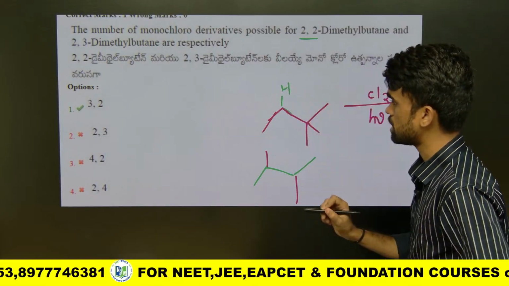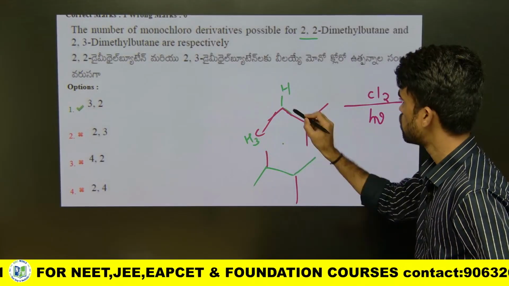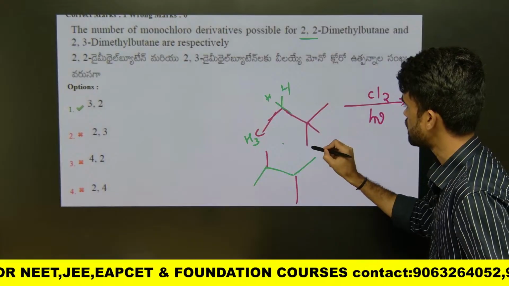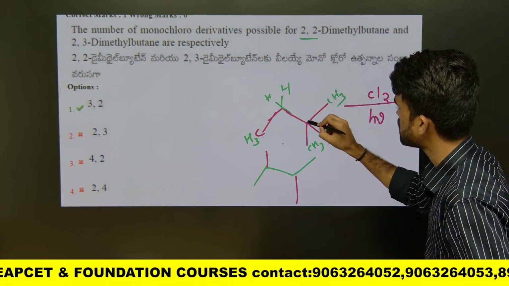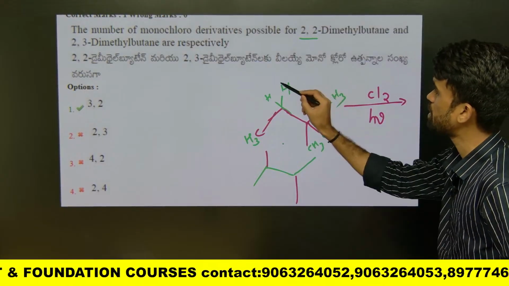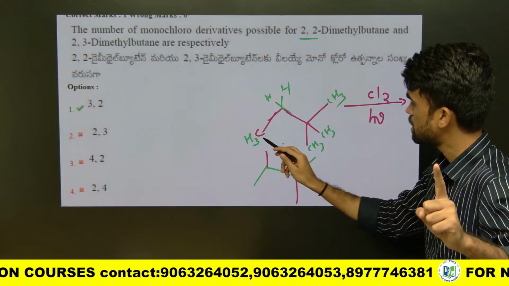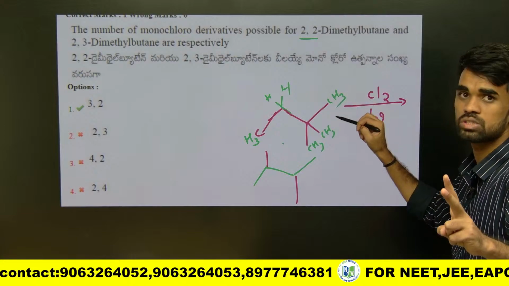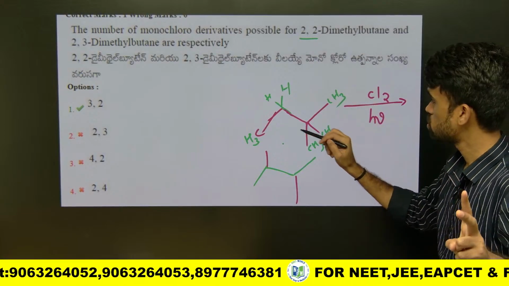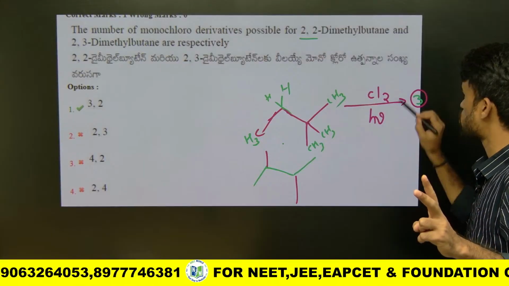This one hydrogen is one type, these 3 hydrogens are of one type, these 2 hydrogens are of one type, and this methyl, this methyl, this methyl are of the same type. There is no hydrogen over here. When we replace this hydrogen with chlorine, we get one kind of product. Similarly here another kind, and by replacing any of these 3 hydrogens we get the same type of product. So totally 3 types of products in this case.